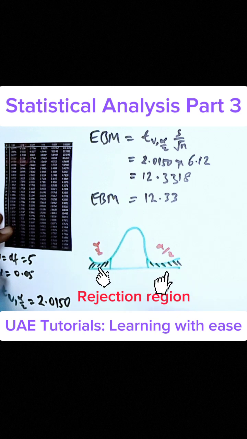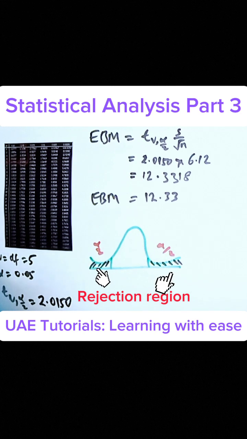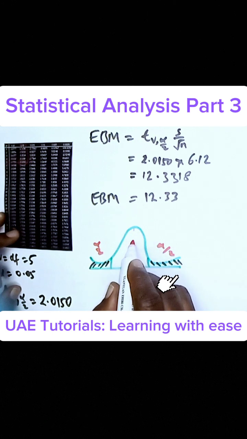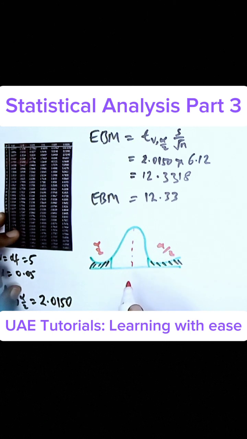So that's the information that is conveyed to us. And in between here is our sample mean, which is the x bar. So we are trying to find out at what confidence level the data that we got deviates from this sample mean.